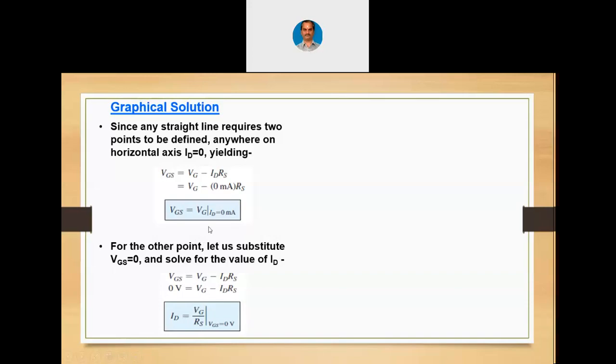Now, we got one point where ID equals 0 and Vgs equals Vg. One more point when Vgs equals 0 and ID equals Vg by Rs. We know the values of Vg and Rs both. So we can easily plot a straight line having these 2 points. But remember here origin is no longer there in this straight line.